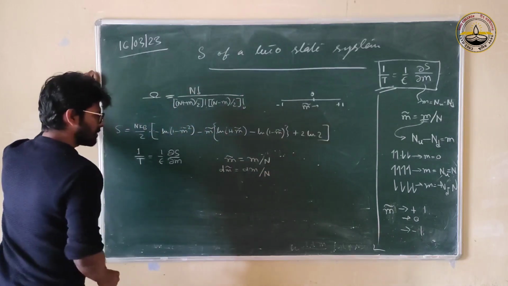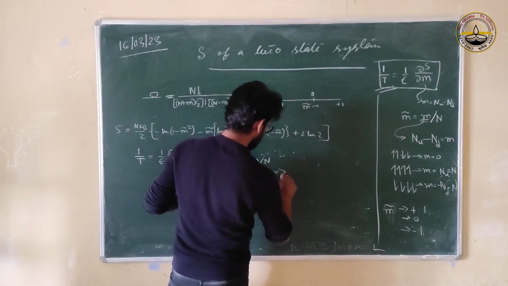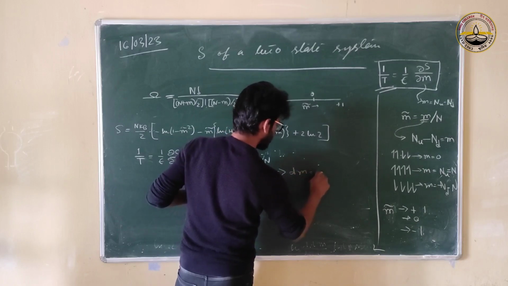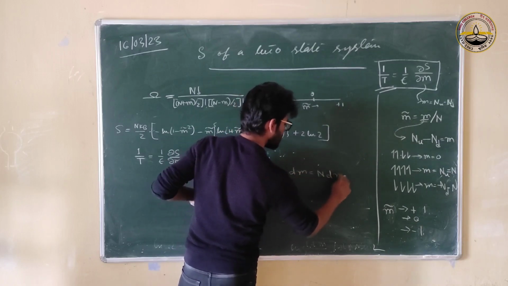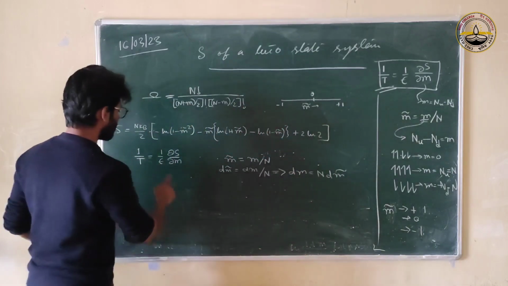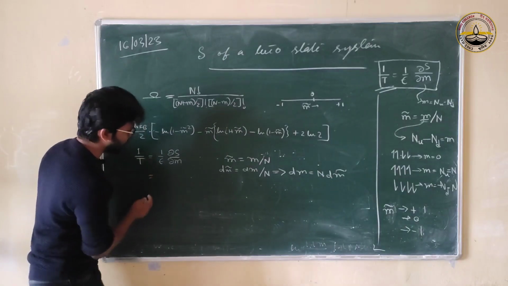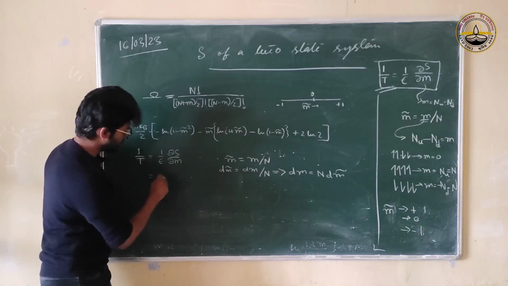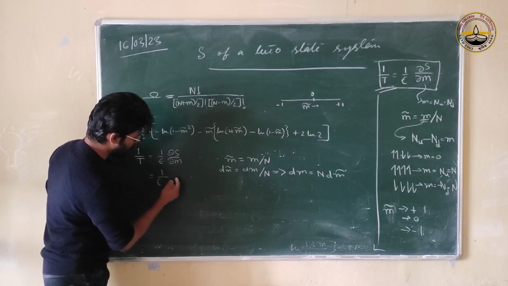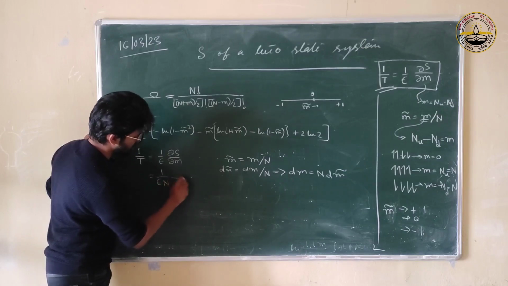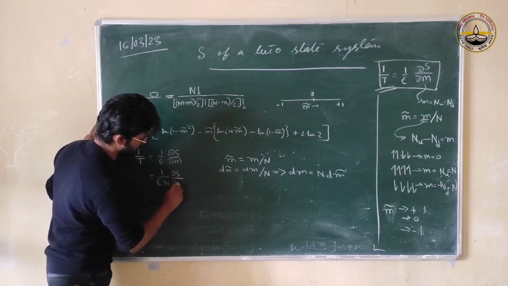In other words, dm becomes n dm tilde. Therefore, you can write this in terms of m tilde as 1 over T, and n will come out, del S by del M tilde.